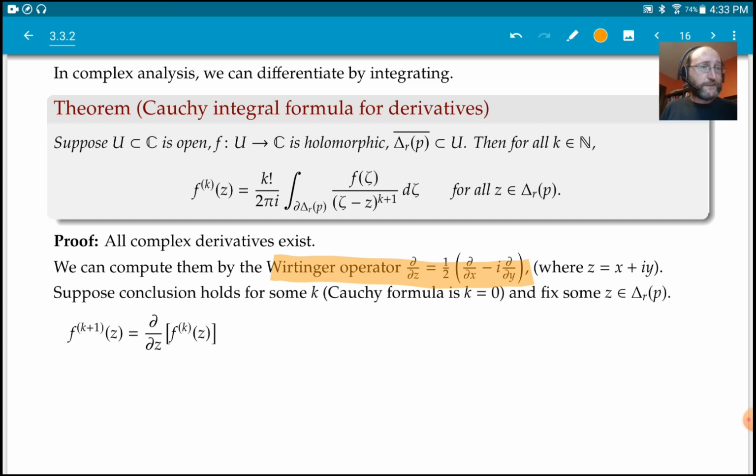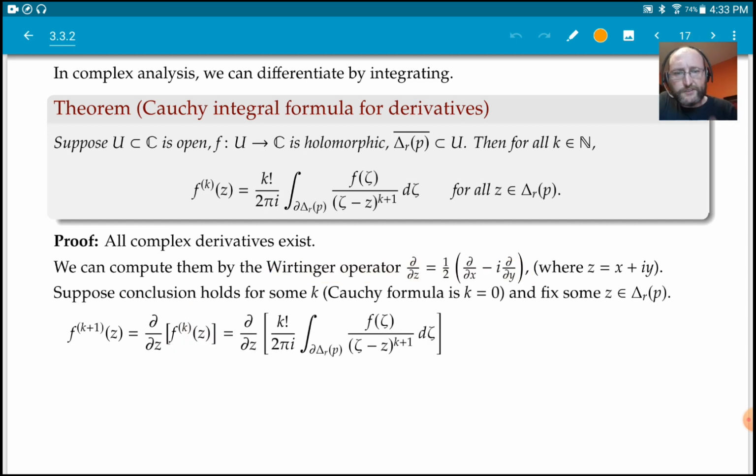That's another way of computing the derivative, is to apply the Wirtinger operator, right? So we apply it to the kth derivative of f. All right. Well, we know that this formula holds for k, right? So we replace the kth derivative with that integral formula.